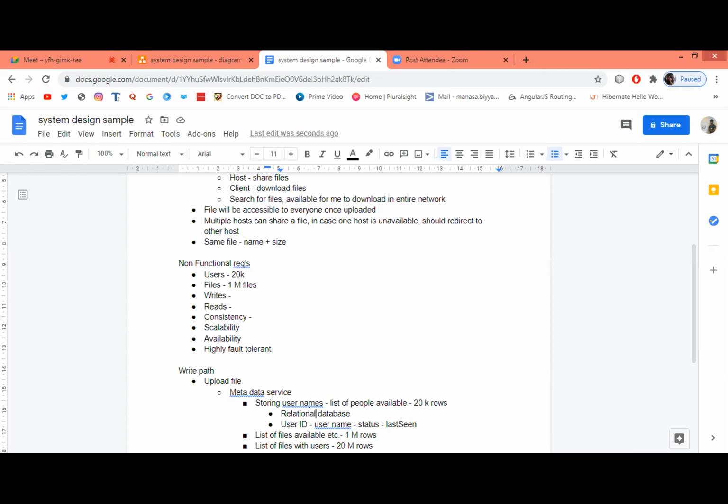I think this metadata should be shared across those machines so that we don't depend on any single machine.